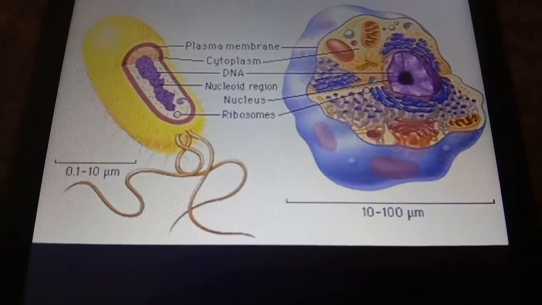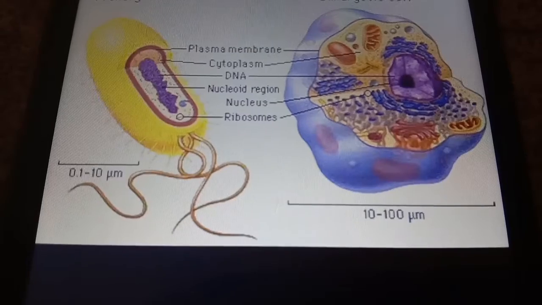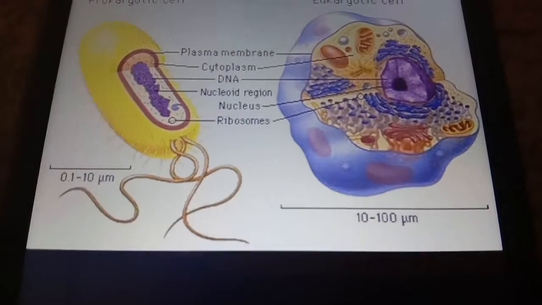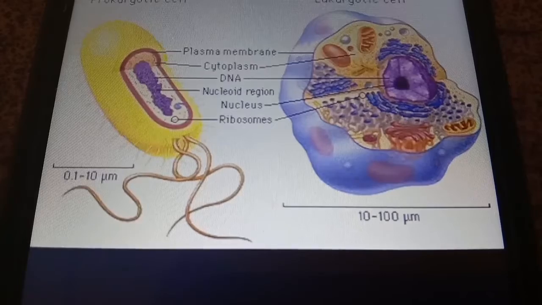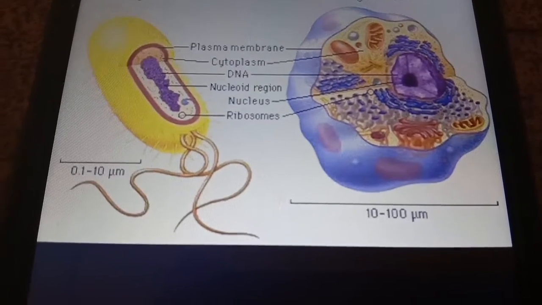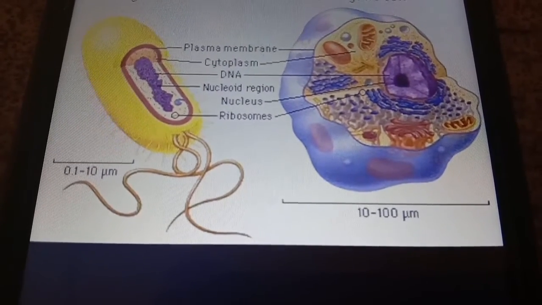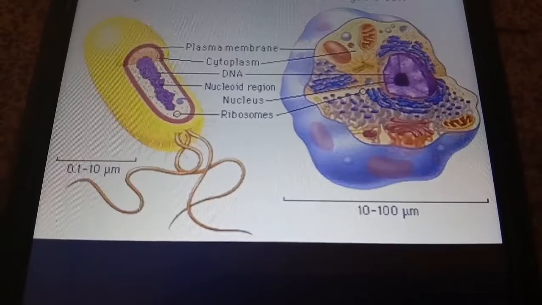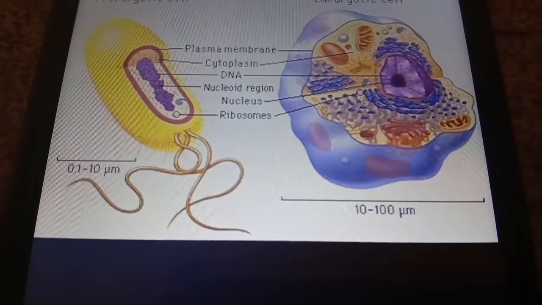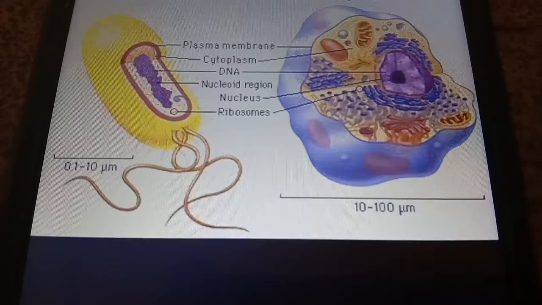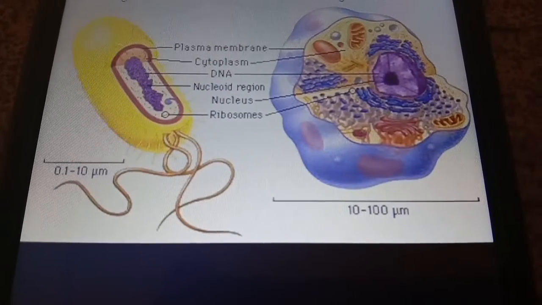It means before nucleus, or it has no nucleus, and it has a single circular chromosome. The prokaryotic cell division is binary fission, and the eukaryotic cell division is mitosis and meiosis.